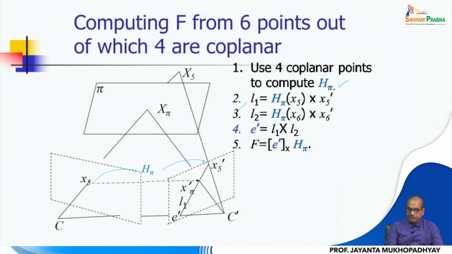You compute the epipolar lines using the other 2 points, and from there you get the epipole. Then, as I said, if I obtained a plane induced homography, using E prime cross matrix, that homography will give me F. This is one application of our understanding of the role of plane induced homography in the formation of the fundamental matrix.